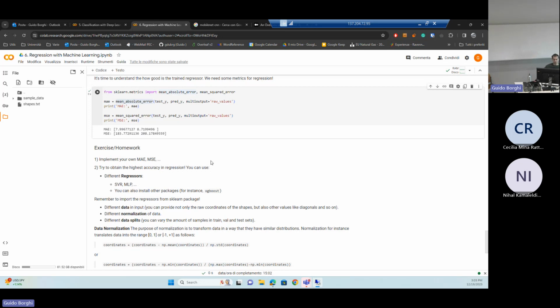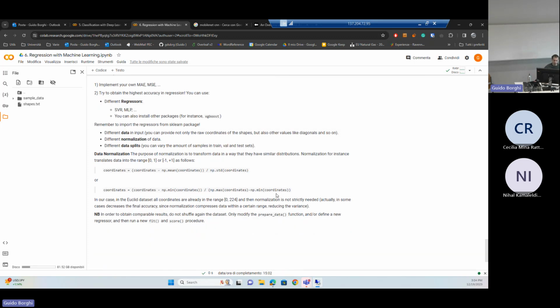We didn't have normalized data in these examples, but you can try to do that. And also you can try different data splits. So you can vary the amount of samples in the training set, in the validation set, in the testing set to see how this influences the performance of the final method.